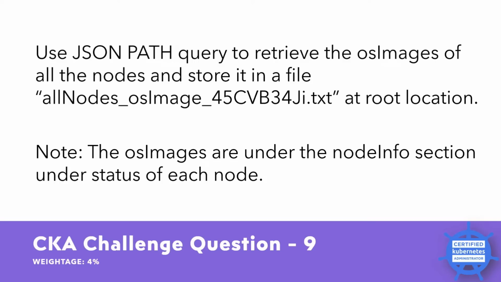This means that the query needs to traverse through the status of each node to obtain the OS image. To summarize, the question requires running a JSON path query to extract the OS image of all the nodes in the cluster and save the data in a file located at the root directory of the system.